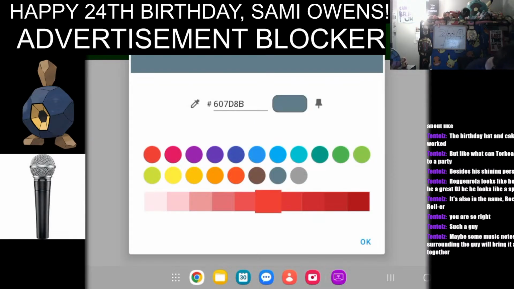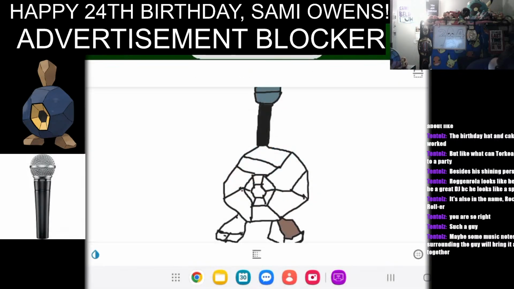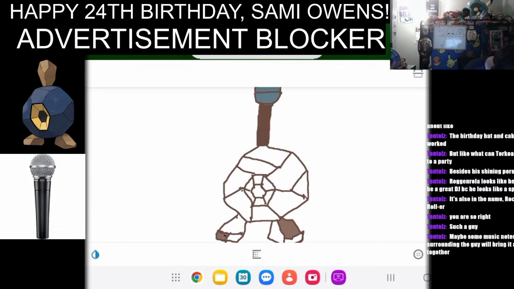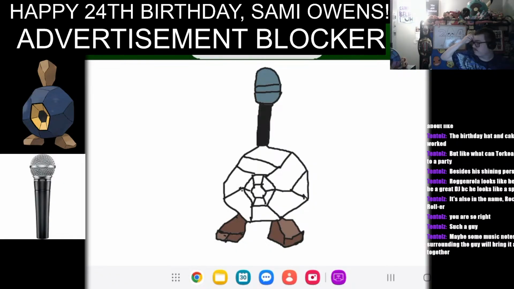And we are gonna go with this shade of brown for like right up there. Right there. Then back to brown, with a darker shade. No, not that, not that, not that. Ooh, that turned out perfect.